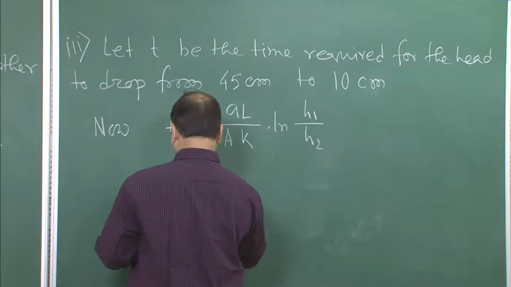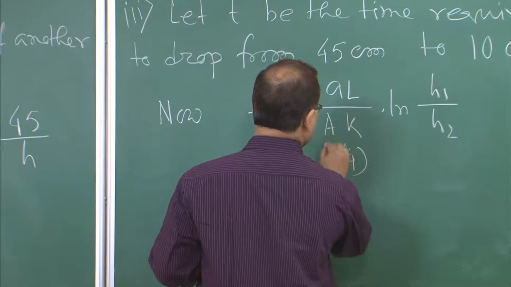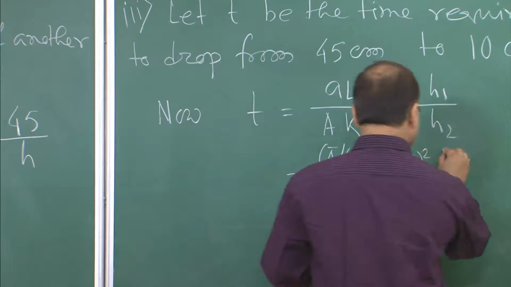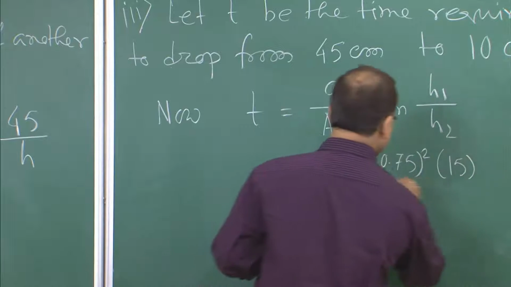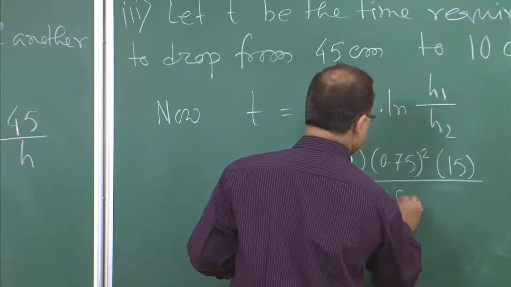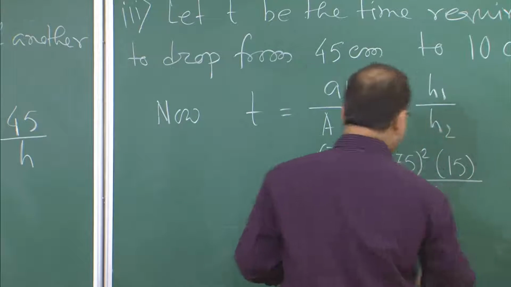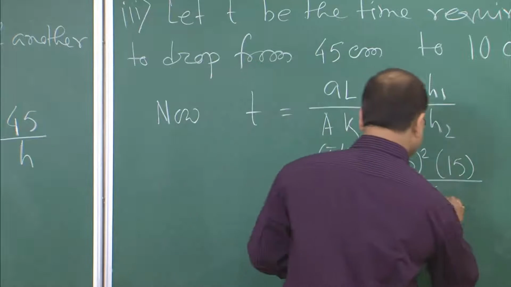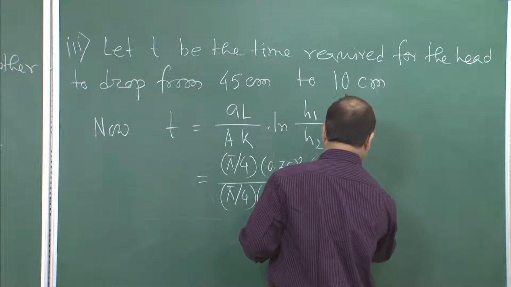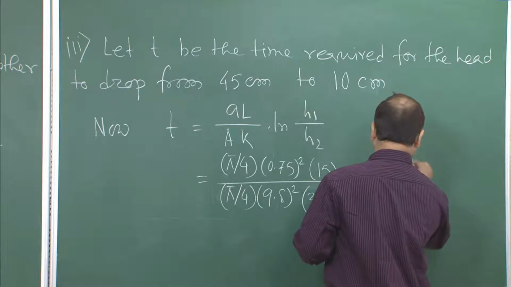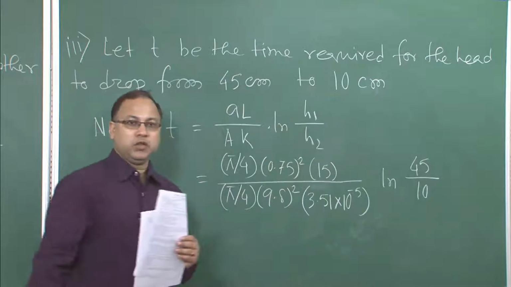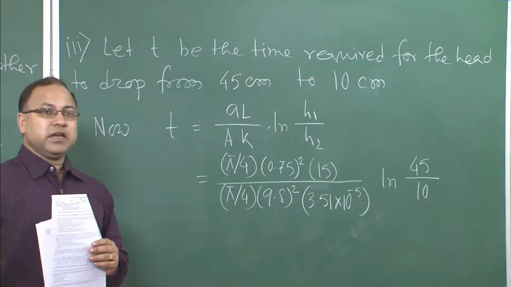Here you know small a, you know capital L, that is 15 centimeter, you know capital A, that is π/4 into 9.8 square, and you know K, that is 3.51 × 10^-5, into ln 45, that is your H1, and H2 is 10. So, you are allowing the water to fall up to 10 centimeter.